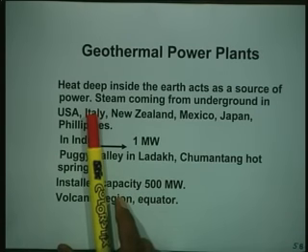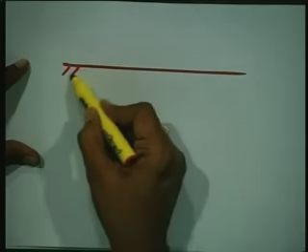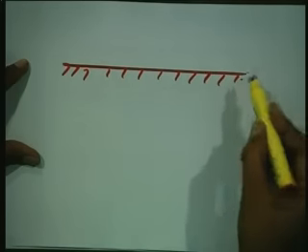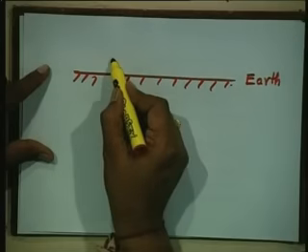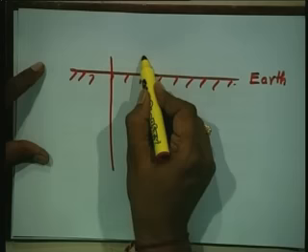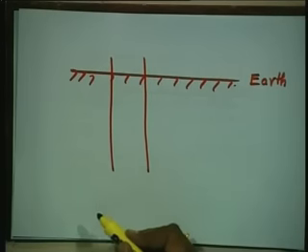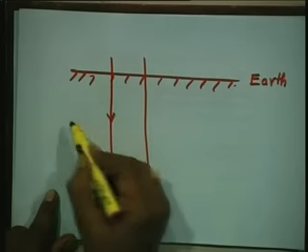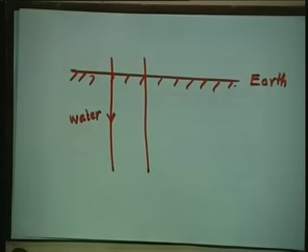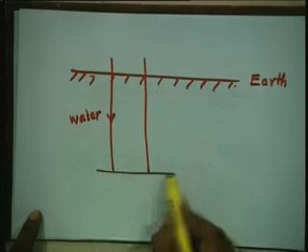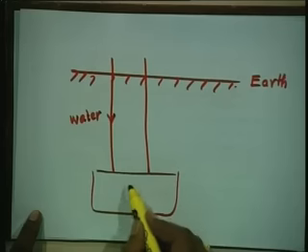What we do, this is your earth, this is how we show the earth. Have two long pipes, and send water in one pipe inside the earth. Here it will get converted into steam.